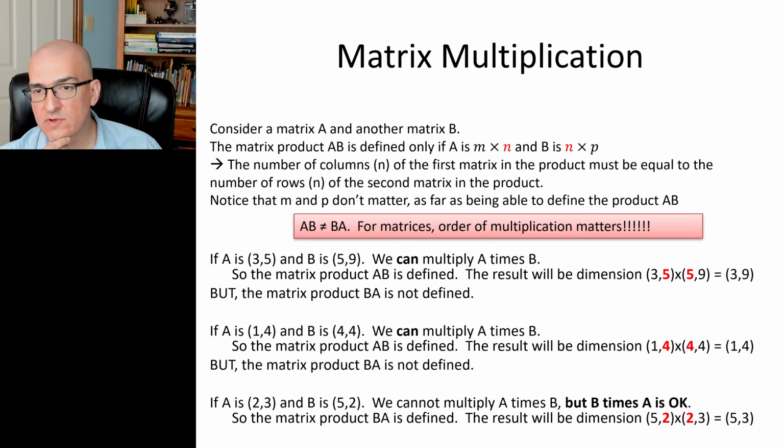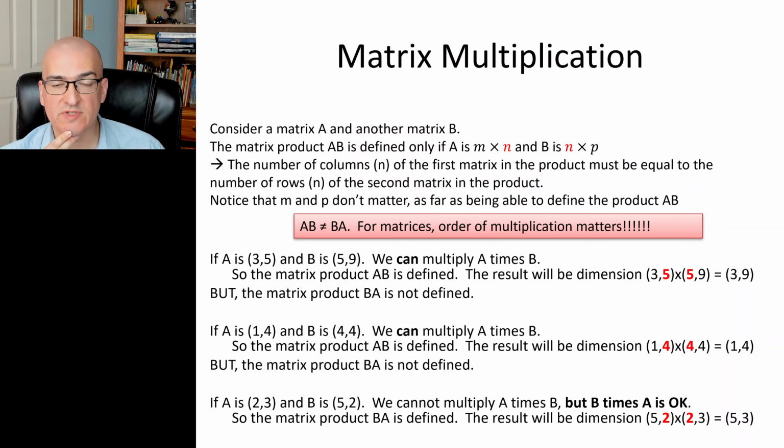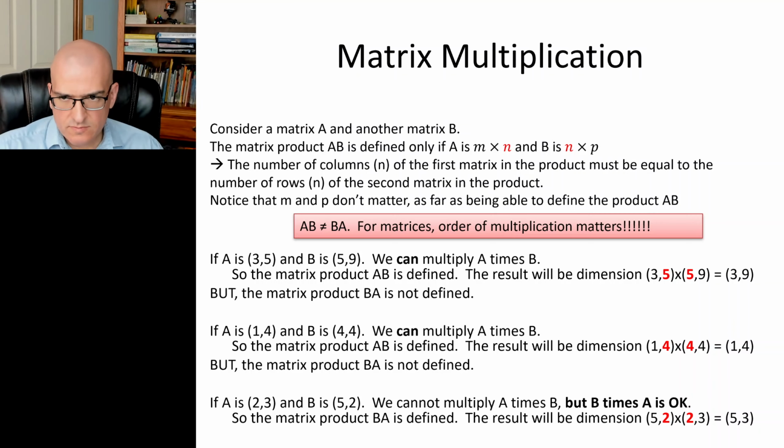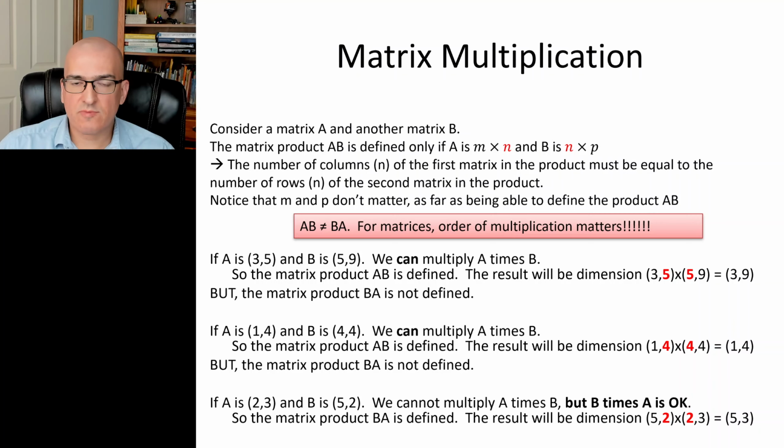So the number of columns of the first matrix must be equal to the number of rows of the second. The precise sizes otherwise don't matter. The number of rows of the first matrix can be anything, and the number of columns of the second matrix can be anything.